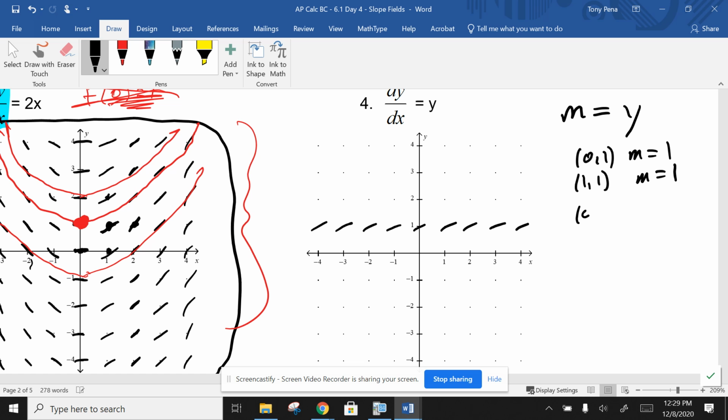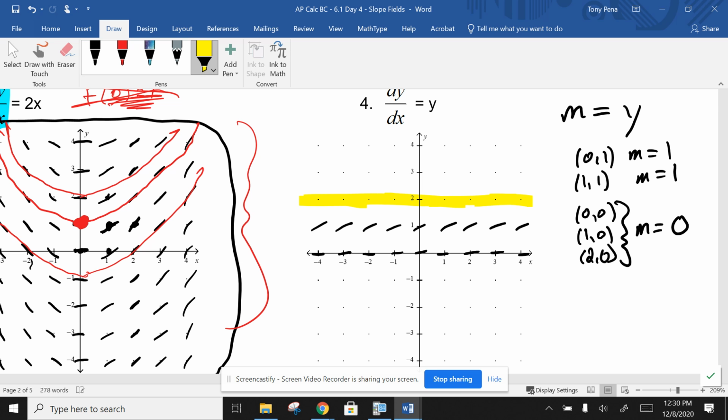If we go to the points 0, 0, 1, 0, 2, 0, so basically the x-axis, anywhere on the x-axis, every single one of these is going to have a slope of 0. So across the x-axis, we get all these little horizontal tick marks. Actually, let me continue to work my way up, because anywhere we're right here, let me do it with the highlighter.